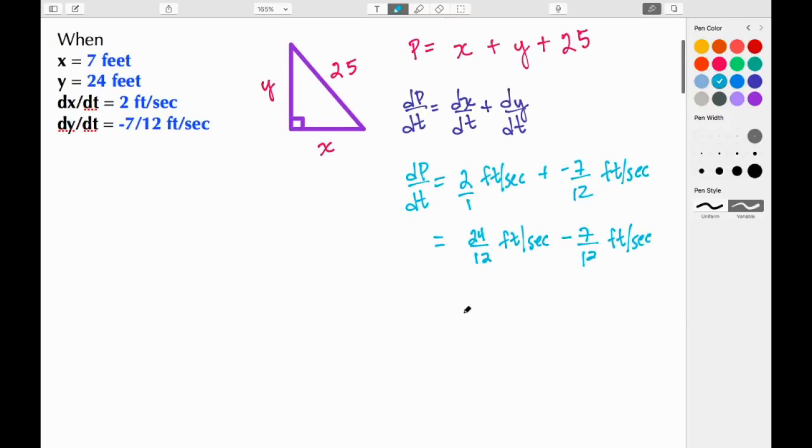And when I add these, 24 minus 7 leaves me with 17/12 feet per second. So at the moment that the bottom of the ladder is 7 feet away from the wall, the perimeter is changing at a rate of 17/12 feet per second.